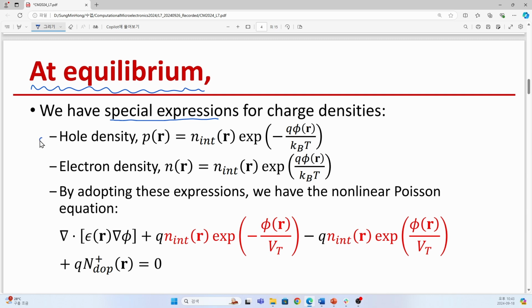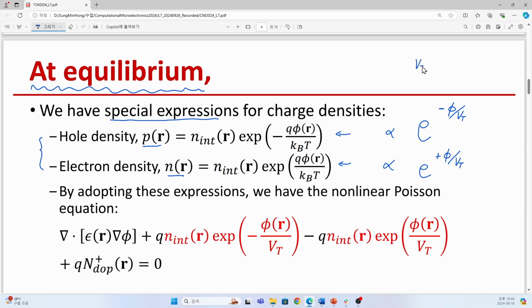At equilibrium, we are allowed to express our hole density and electron density in this way. Simply speaking, the hole density is proportional to the exponential of minus electrostatic potential. Also, the electron density is proportional to the exponential of positive electrostatic potential. Of course, we have here a normalization constant, and that is usually called the thermal voltage.